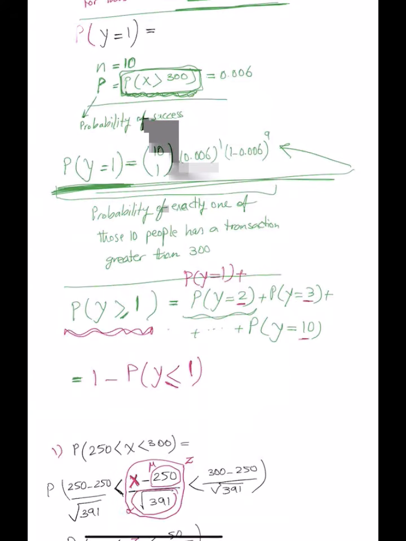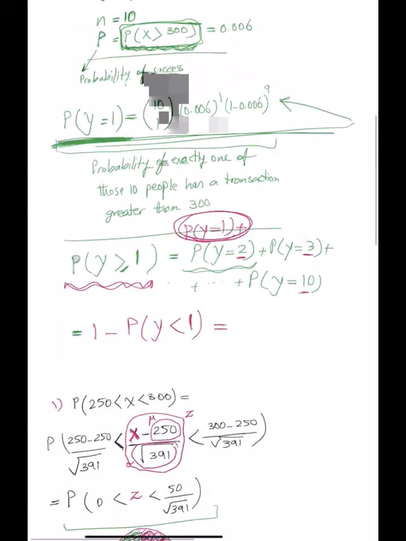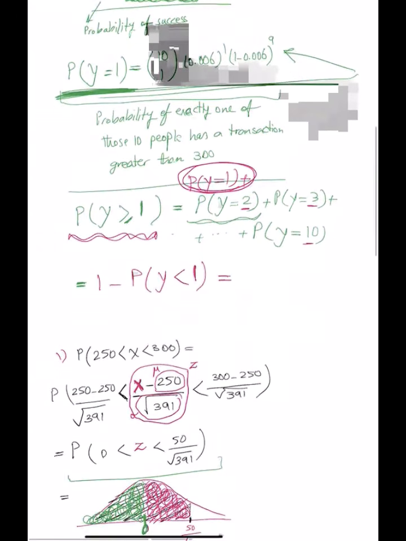So then it should just be less than 1, not equal to. Exactly, if equal to 1 is here, then it should not be here. So I have to write it as 1 minus probability of Y less than 1.